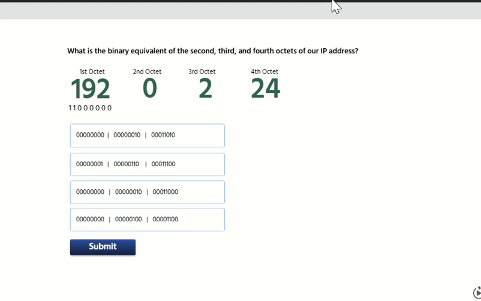Second octet equals 00000001. Third octet 00000100. Fourth octet 00000110. Option 4. Second octet equals 8 zeros. Third octet 00000010. Fourth octet 00011000. Select the best option.